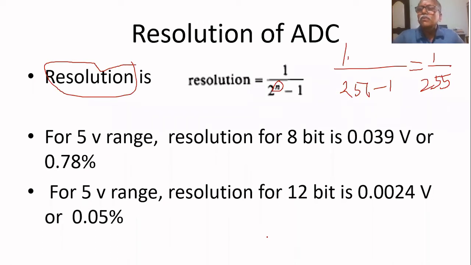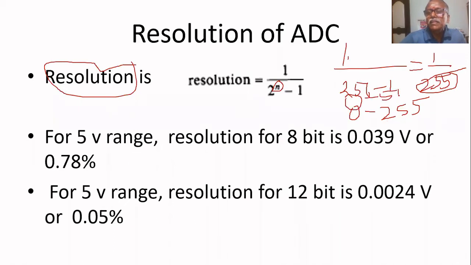1 by 255. It means there are 0 to 255 codes available to represent a span of 0 to 5 volt. Let us assume that the signal range is 0 to 5 volt. A sample in the range 0 to 5 volt can be represented in 0 to 255 codes only.